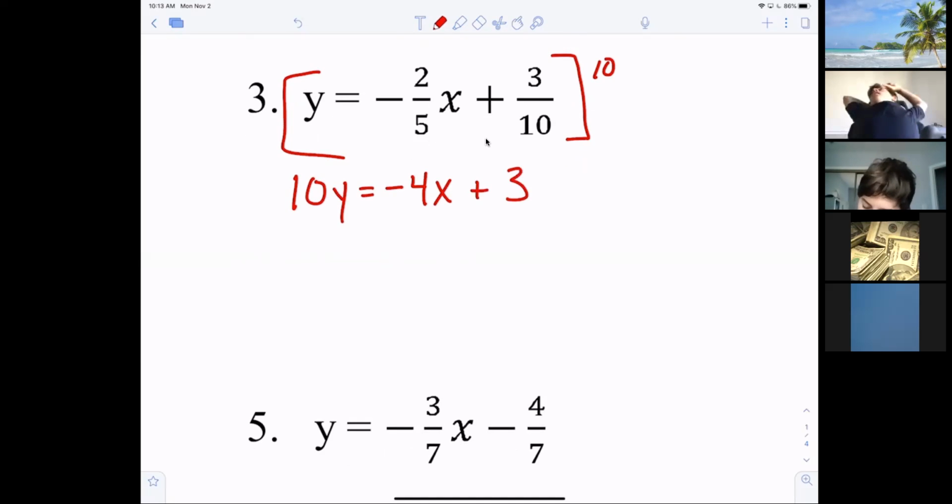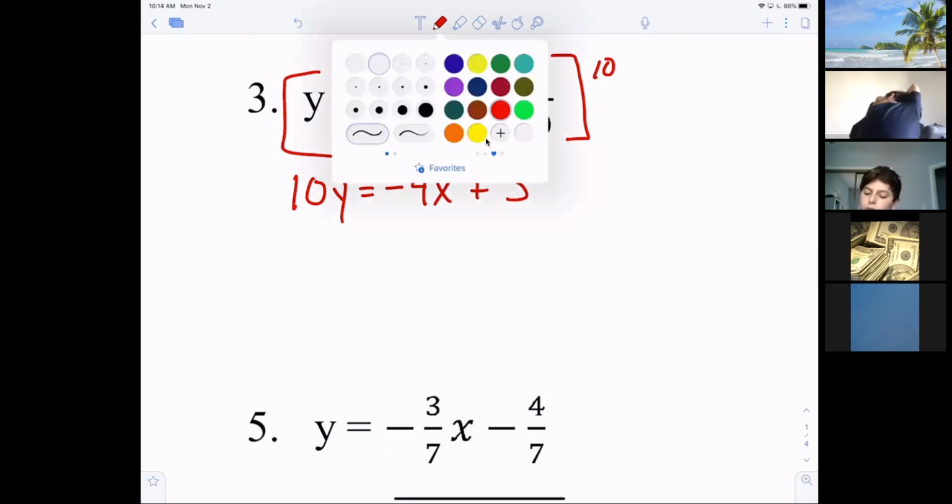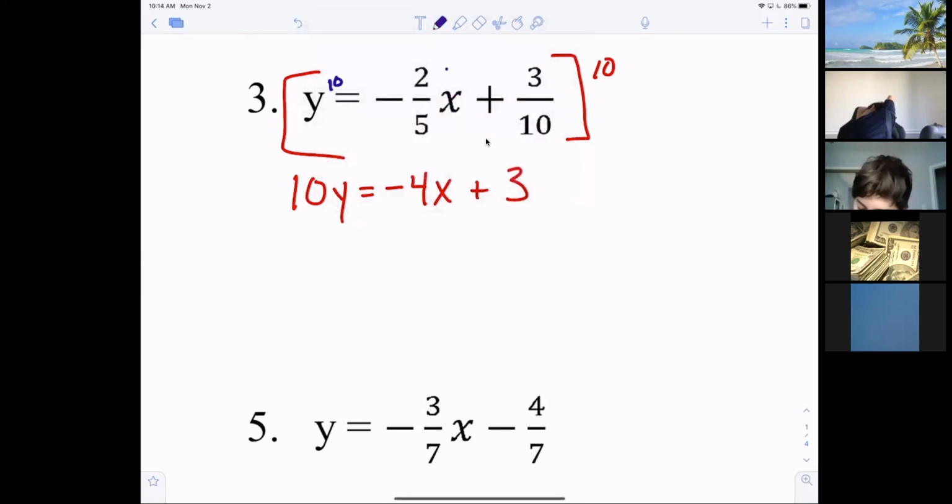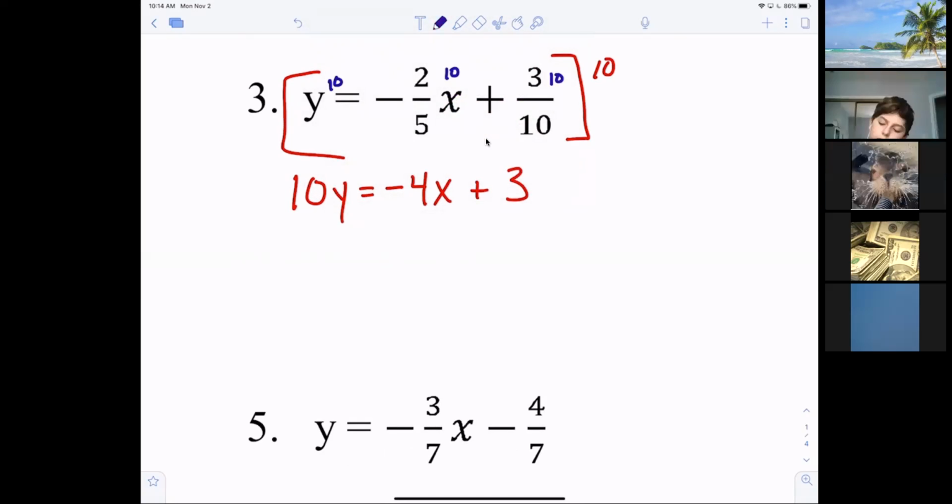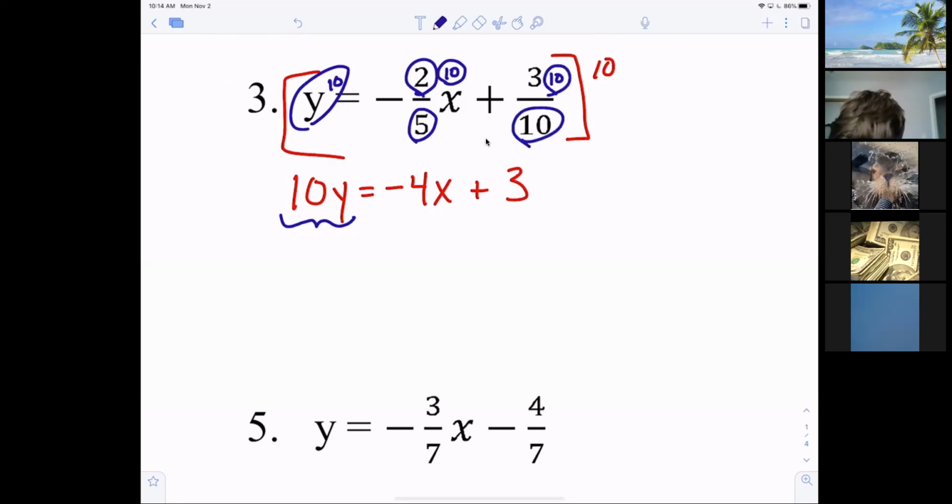Now if you're unsure about that, again, put the 10 right next to all the numbers. 10 times y is y. 10 divided by 5 times 2, there you have it, negative 4. 10 divided by 10 times 3.